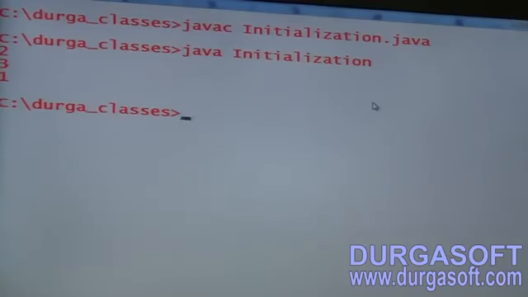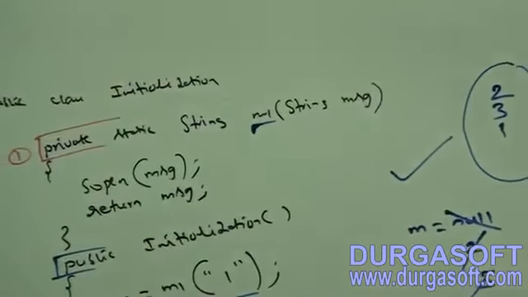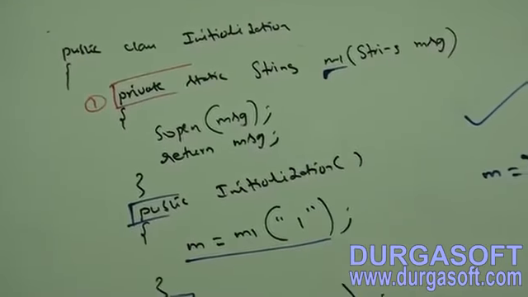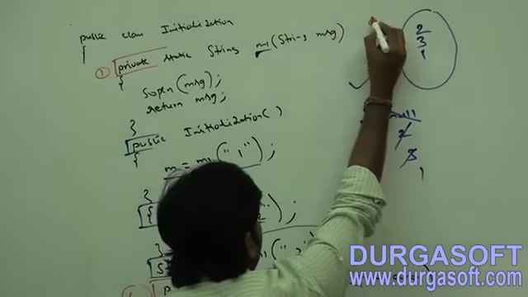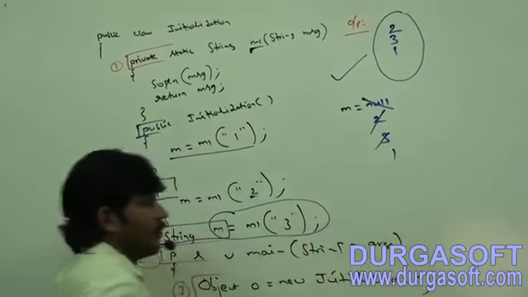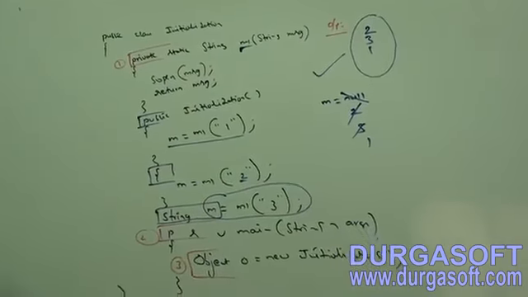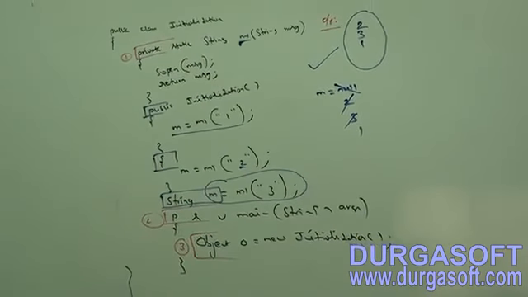In which order the things will be executed, you have to decide. Take this example and output also. For the output we are going to get 2, 3, 1.